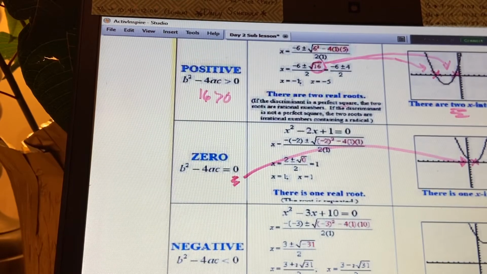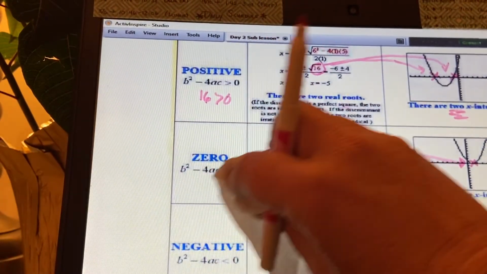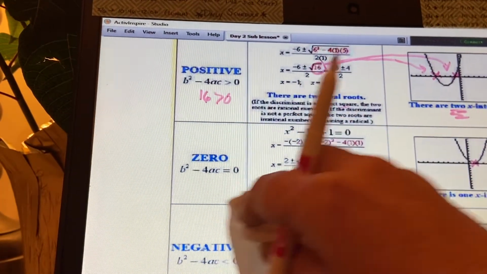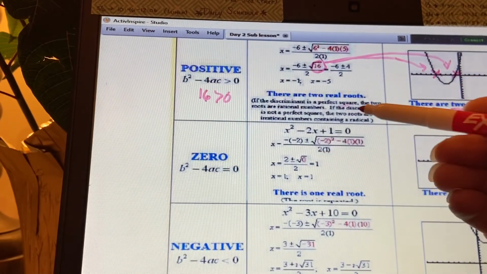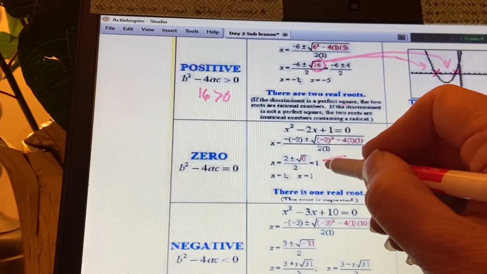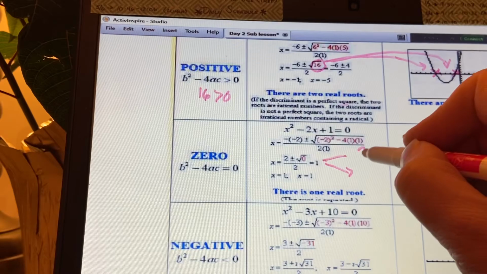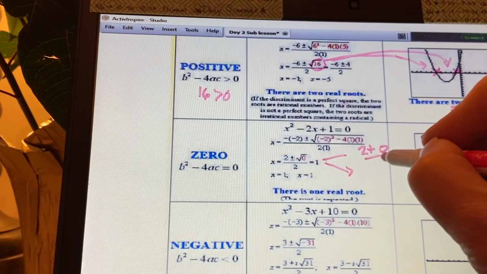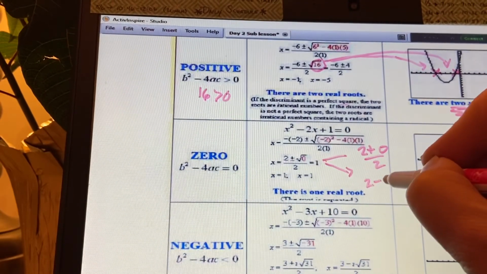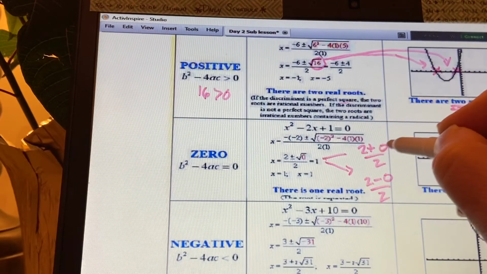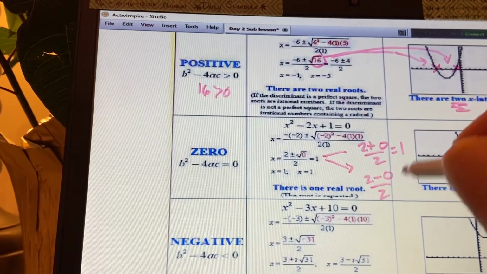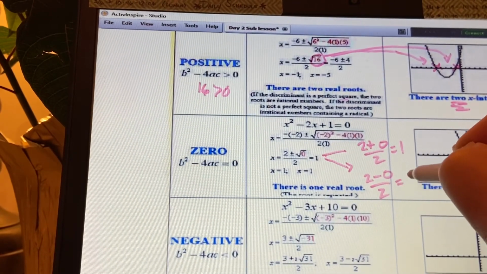And the reason behind that is because if I have the square root of 0, it's 0. So I would have 2 plus 0 over 2, and I would have 2 minus 0 over 2. So 2 plus 0 over 2 is just 1, and 2 minus 0 over 2 is also 1.